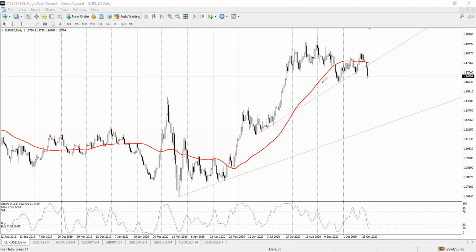If price breaks this low, we can most likely tell, okay, the US dollar is probably going to gain a lot more strength within the next month, or if not the next month, within the next year.